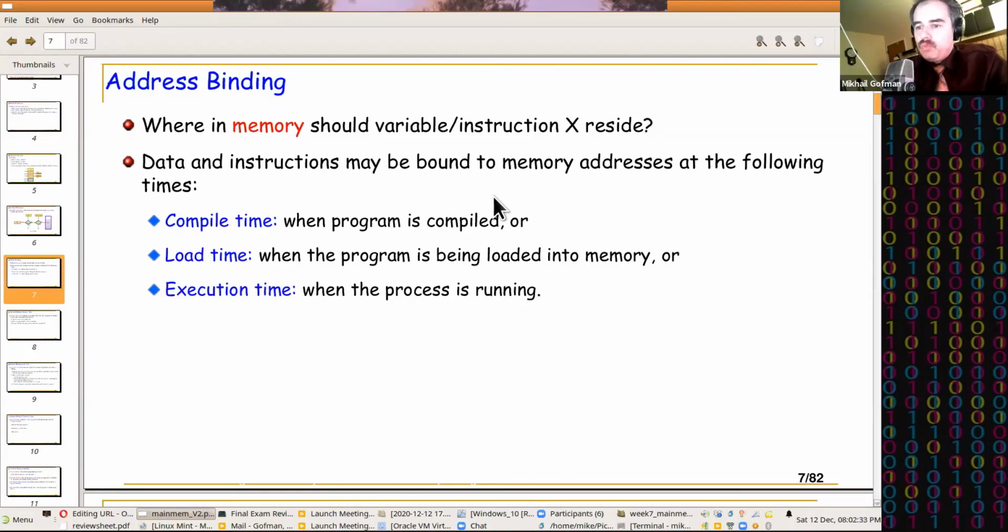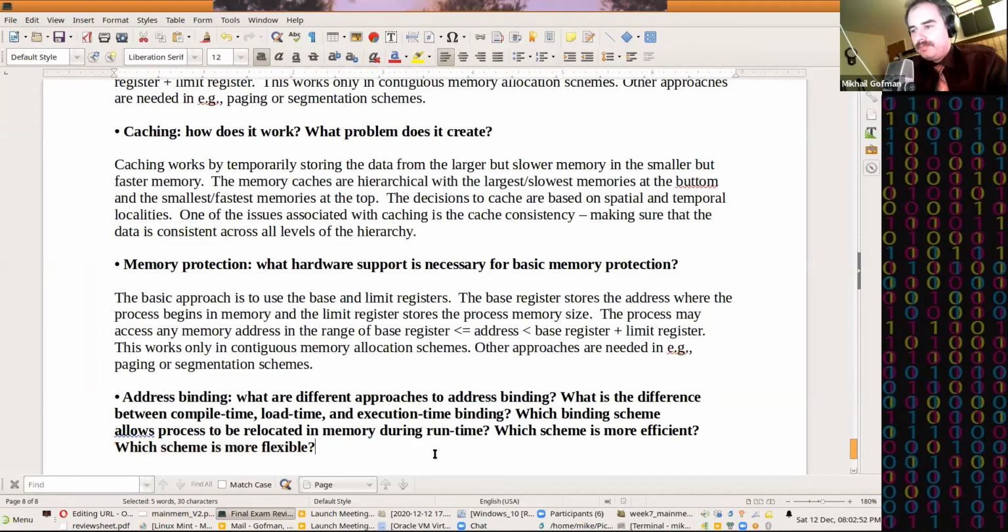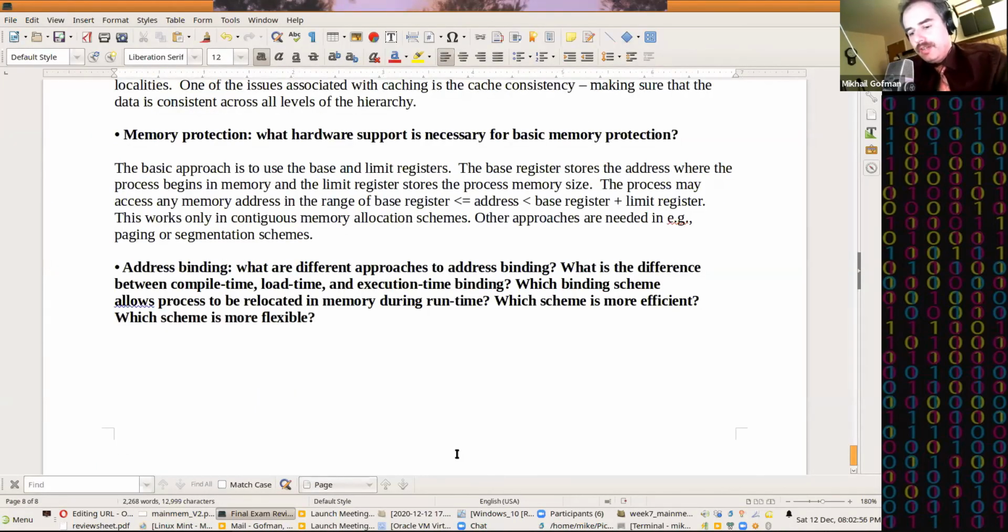First of all, what is address binding? Address binding is figuring out the addresses of every variable and instruction in your program, or to put it more broadly, each instruction and data item in the program.